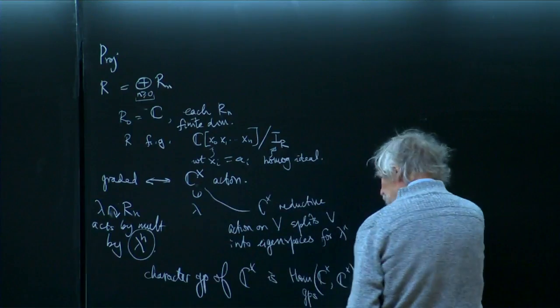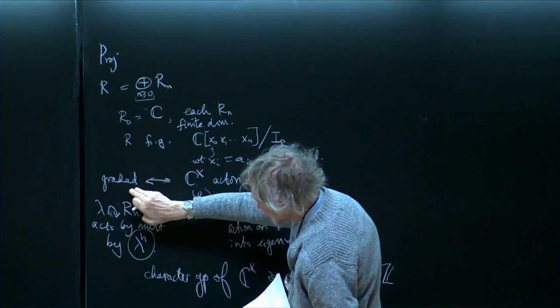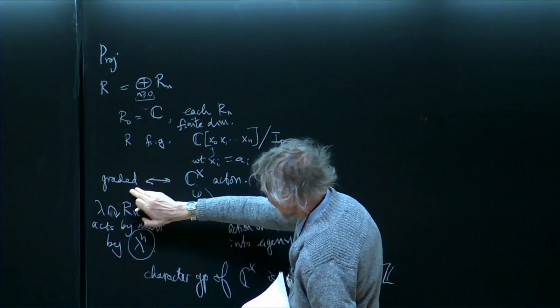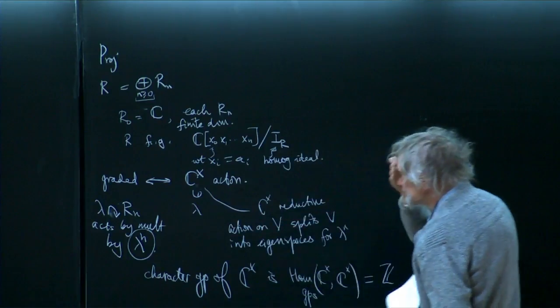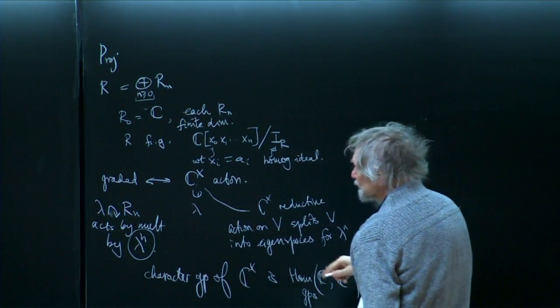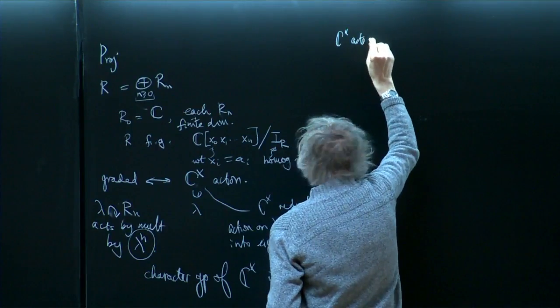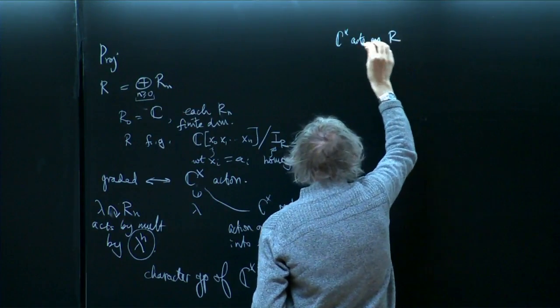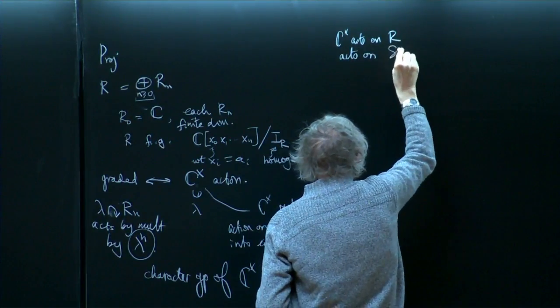So having a grading on any vector space is exactly the same thing as having a C star action on a vector space. And so C star acts on R, and so it also acts on Spec R.